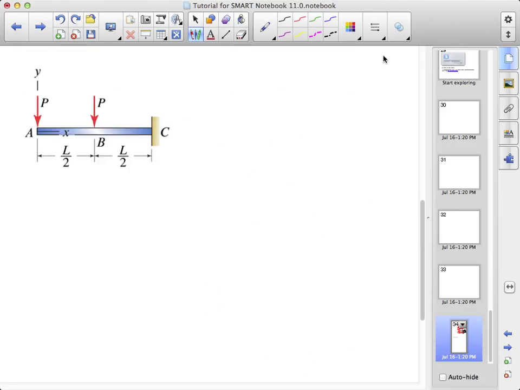Now we move to example 1b. Here we have two sets of free body diagrams, one for x less than L over 2 and a second for x greater than L over 2. We might note that for x less than L over 2, the free body diagram looks like this.